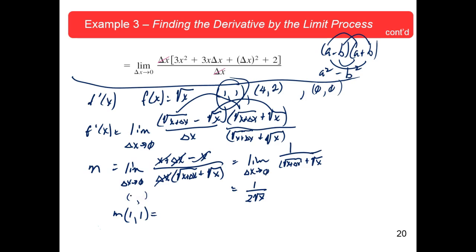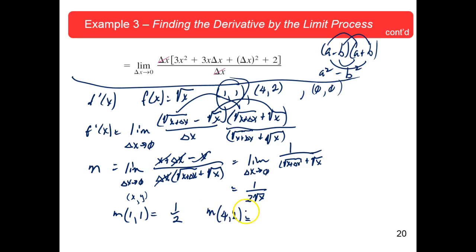What does this first one stand for? Ordered pair, x, y. Okay, now can you tell me what m of 1, 1 is, if that is 1 over 2 square root of x? 1 over 2, because the square root of 1 is 1. Okay, now give me m at 4, 2.